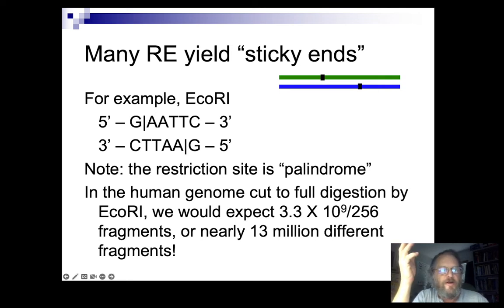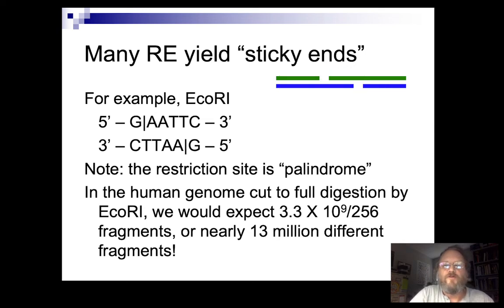This particular sequence is called a palindrome, right? Because it's a reverse of itself. All right. So there's my restriction enzyme. Just had some cutting going on. And there's our sequences. And notice we now have the overhanging fragments.